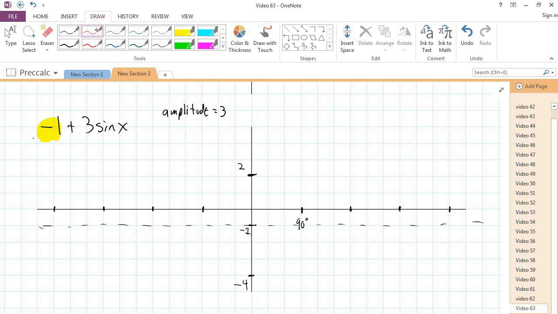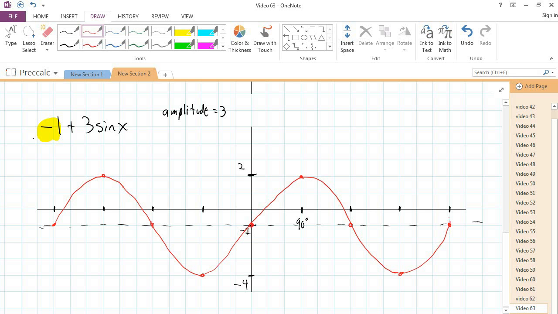And now I just do my sine dance, starting here at the middle. Middle, up, middle, down, middle. Keep it going. Going back down, back to the middle, back up, back to the middle. And then you just smooth it out. There you go.